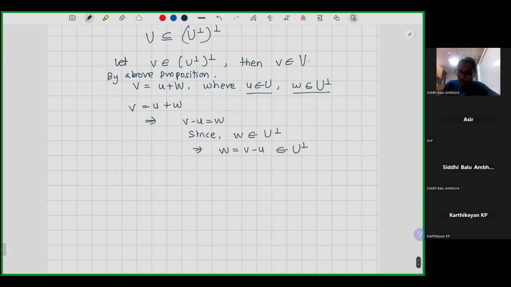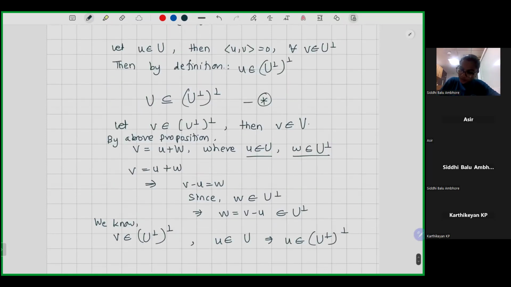So now again note that we know that V belongs to U perp perp. That's what we started with. And U belongs to U, right? So this implies U also belongs to U perp perp. That's what we proved here.